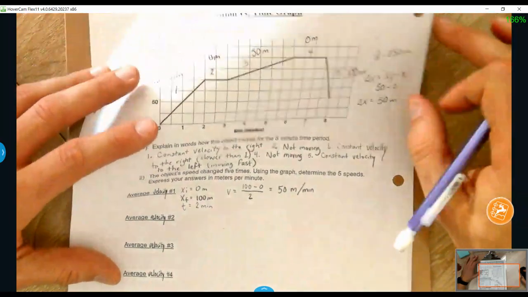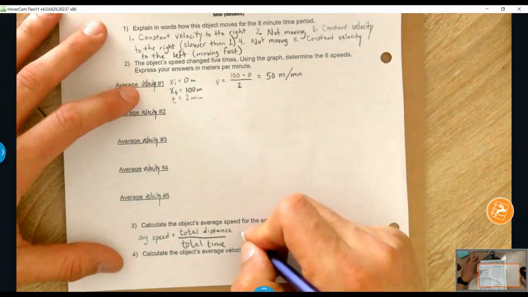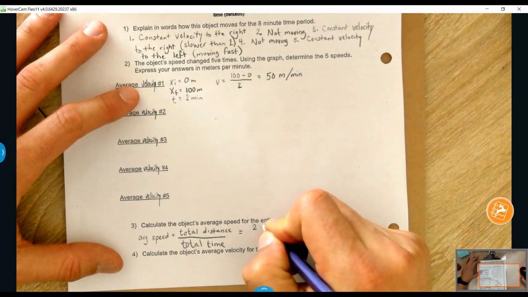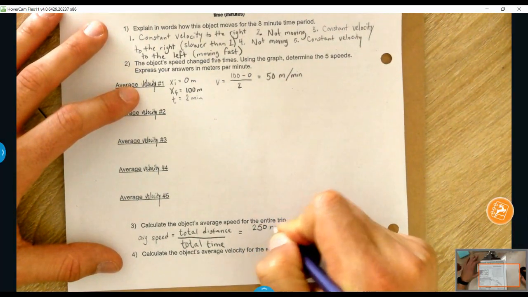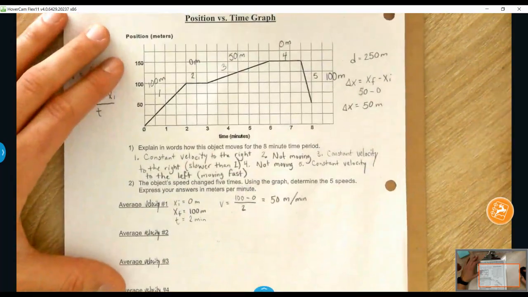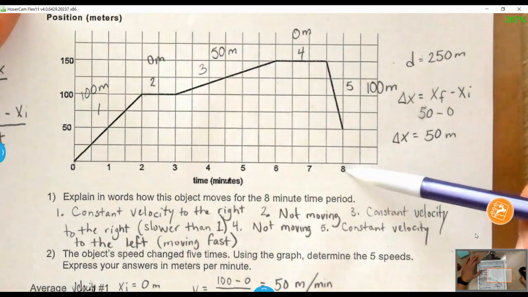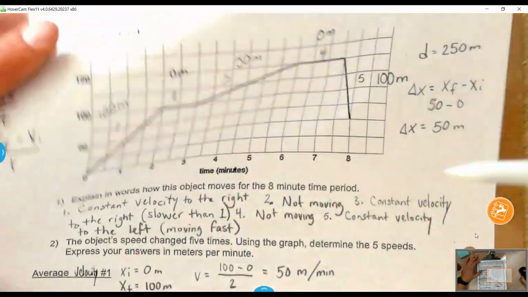Okay, so that 250 will be down here for your total distance. And how long was the whole trip? 8 minutes.